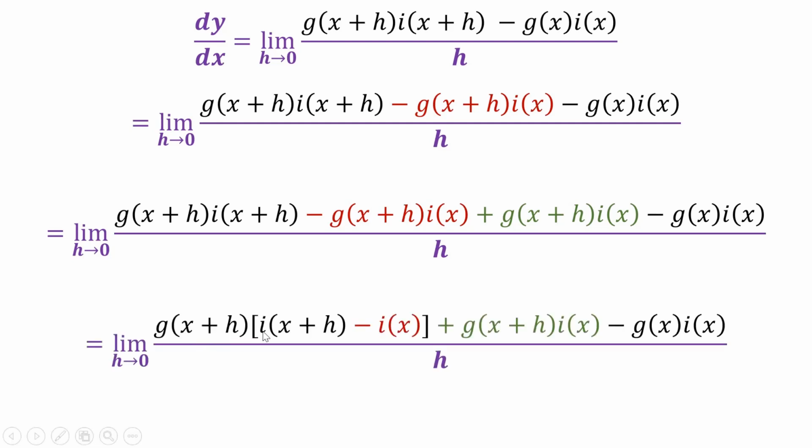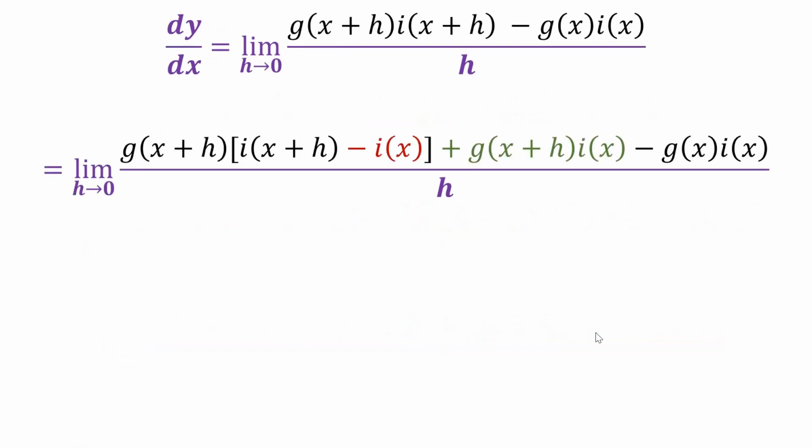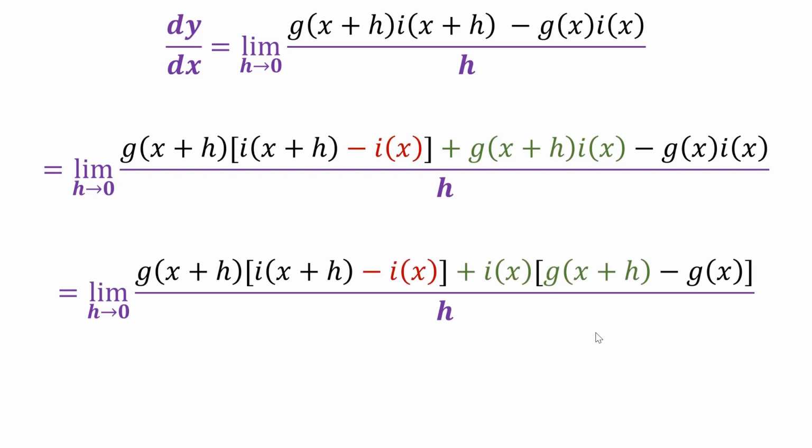When we factorize it out, this is what we have. That is not the only common factor. When we come to these factors, the term in green and the term in black, we see that we also have a common factor, that is I of x. Let's also factorize that out. So when we factorize that out, we also have this.